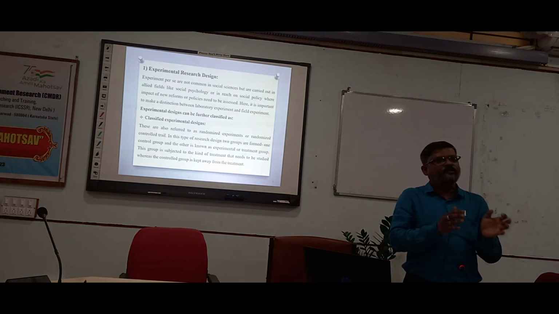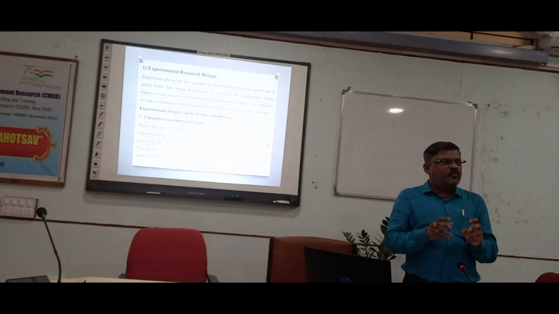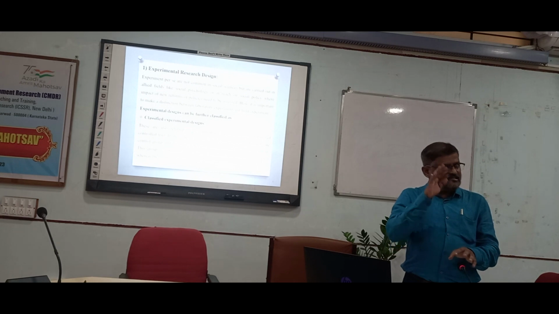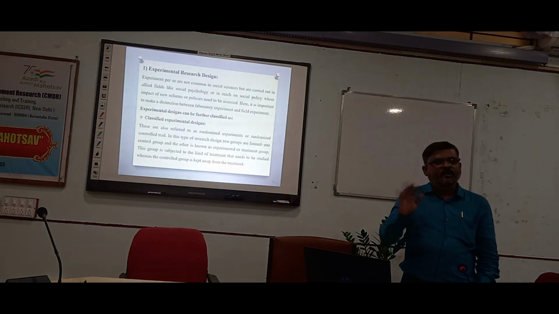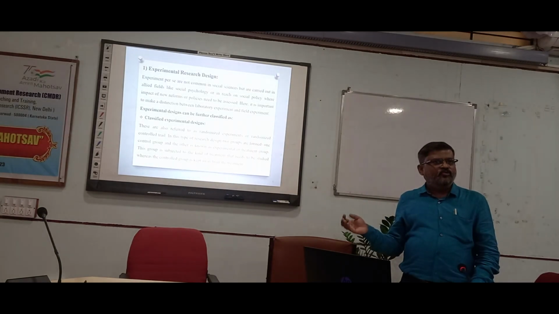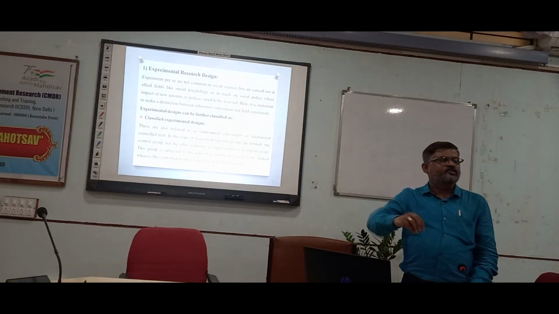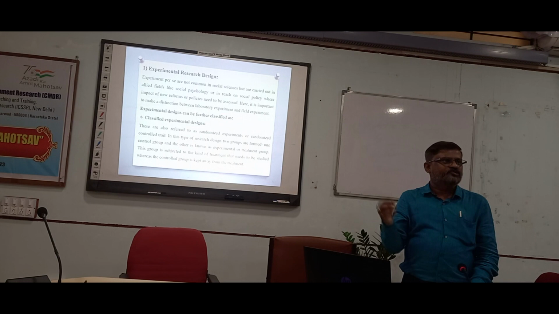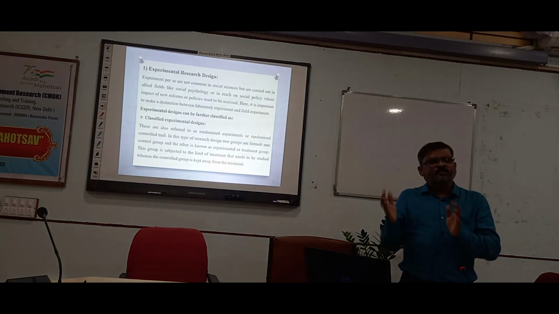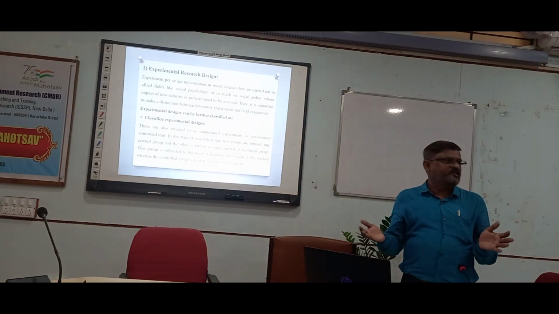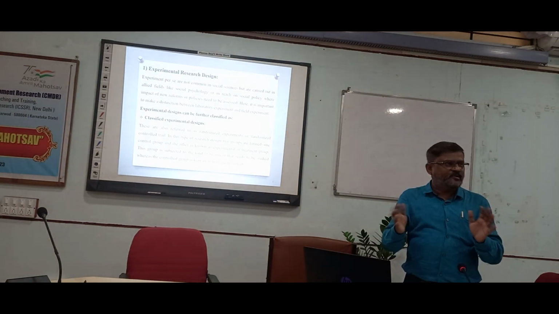The control group stays as it is, the same children. The experimental group is given some nutritional inputs, some nutritional foods. Then we make a comparison of how the nutritional value of the food changes their weight or height.